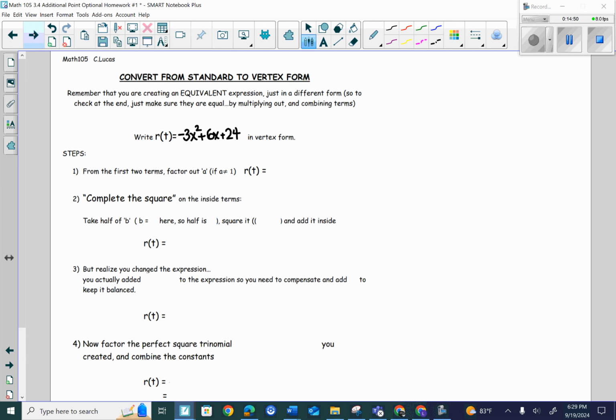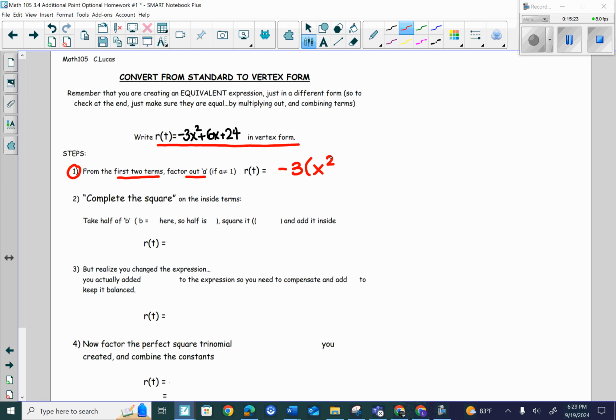I'm going to use this particular template that my students received in their classes. The first step in writing this in vertex form is to factor out that a value only from the first two terms, which is kind of odd because we're so used to factoring a GCF out of the whole thing, but not with completing the square.